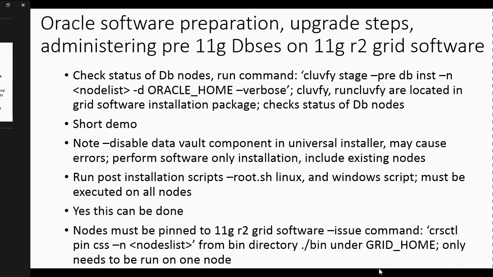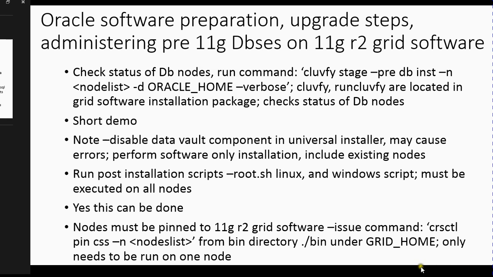The demo aspect is not important. It's more about the fact that I'm performing all these commands from my grid home, so I'm showing you exactly where to go to run these commands.